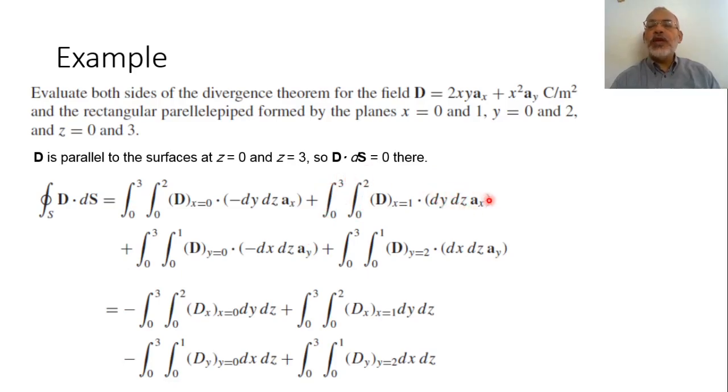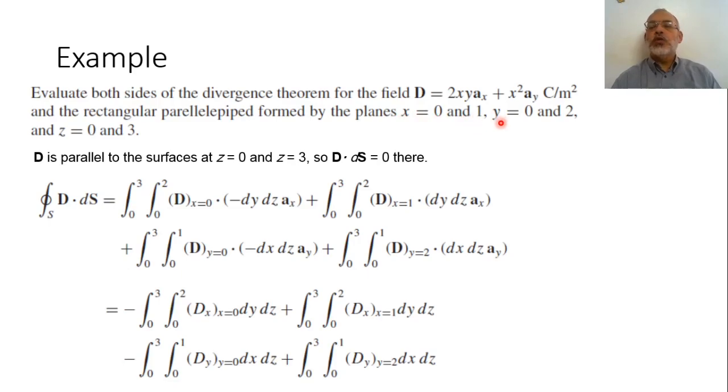The value of x in this case at any point is 1, so we are going to apply the value of D at x equals 1. Now we have completed the two faces for x equals 0 and x equals 1.